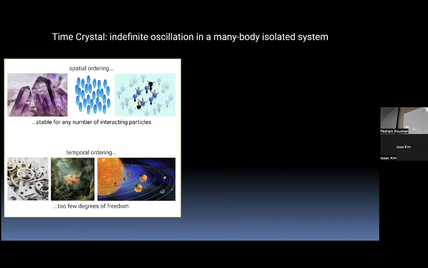A clock, a solar system, well, two planets in the solar system. The temporal ordering can be found, but there is a sharp contrast between the two examples we find. The time-ordered ones, the ones that have a pattern repeating in time, have far fewer degrees of freedom. They are really two-body physics. They are not many-body physics.